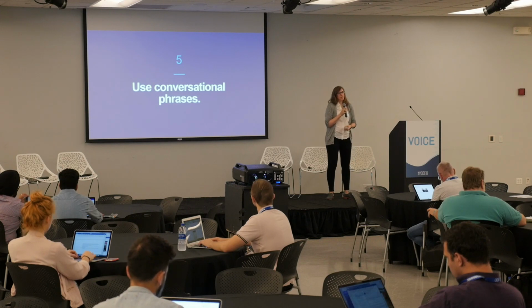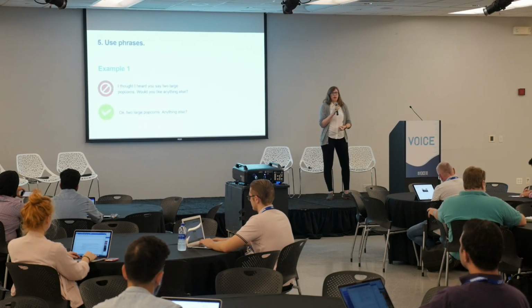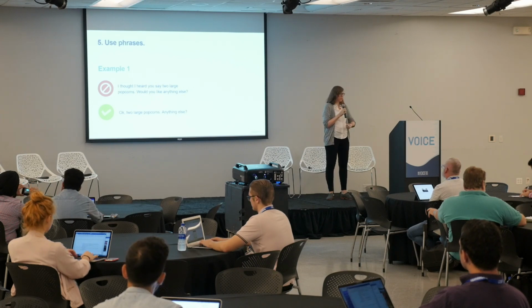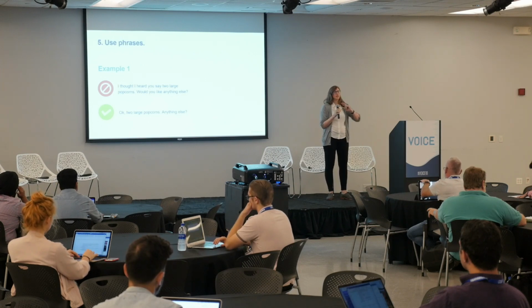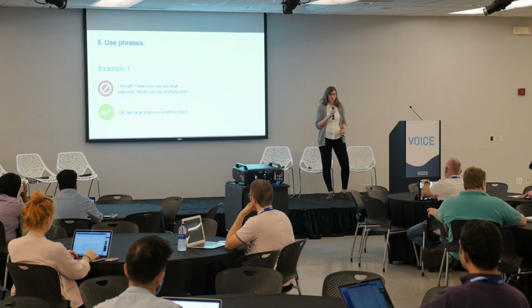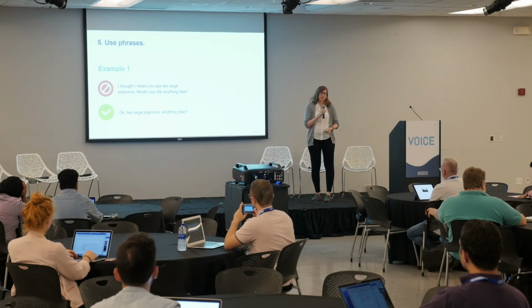Next, and this is something people talk about a lot, using conversational phrases. It's really easy in first drafts to write complete sentences, and then as you revise, you want to work more toward short phrases. Because platforms like Alexa and Google are very specifically meant to be conversational and casual, phrases are fine. People understand them fine.